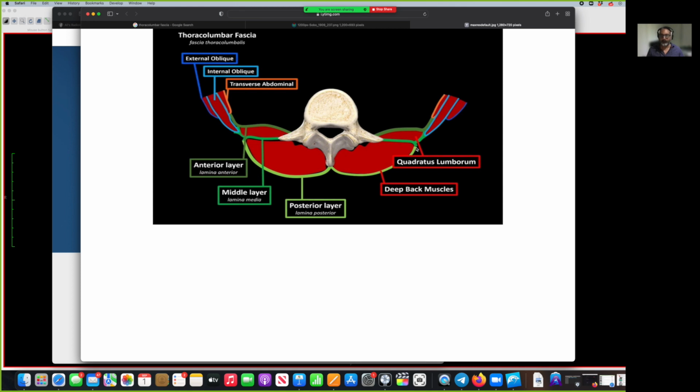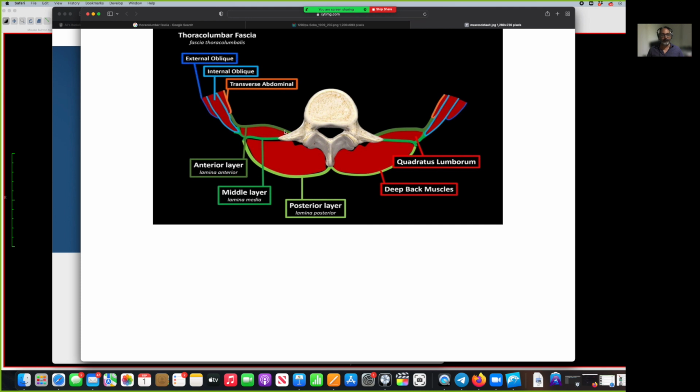It is bigger. So the three abdominal muscles come together and they attach to the thoracolumbar fascia. The Latissimus Dorsi also attaches to the thoracolumbar fascia. So what is the thoracolumbar fascia? It is three layers of fascia attaching there and there and there. So it's the transverse process, spinous process of the lumbar vertebra.